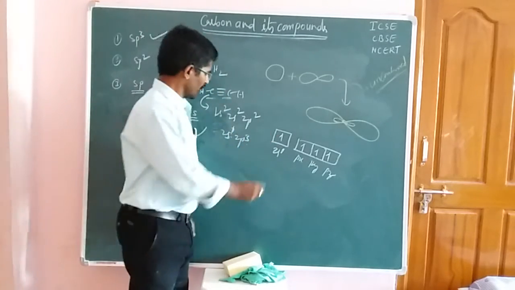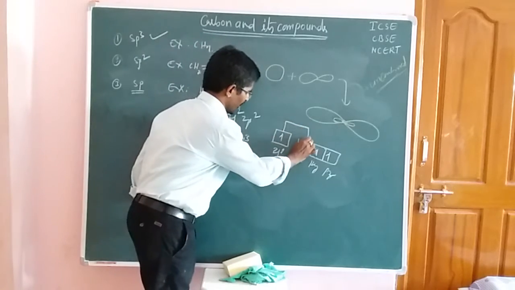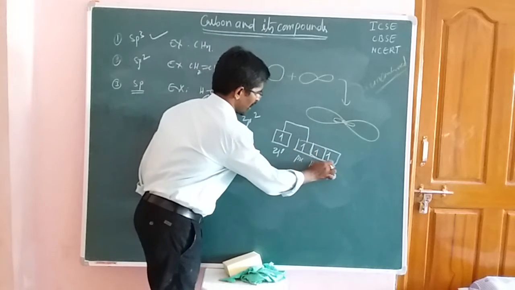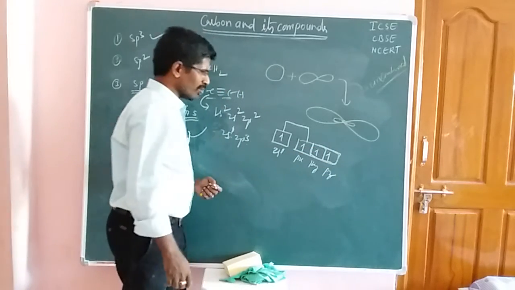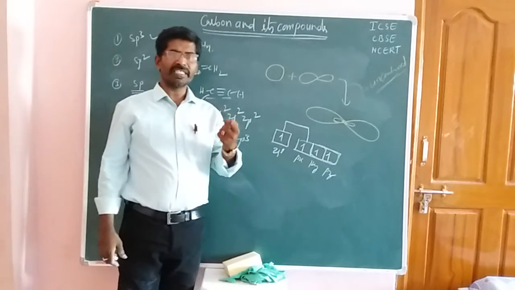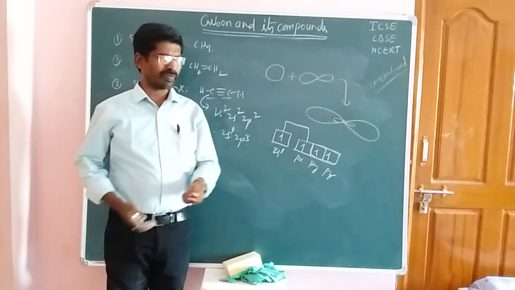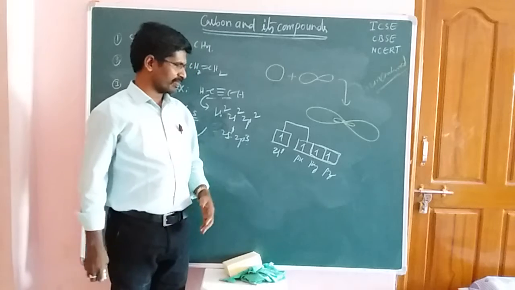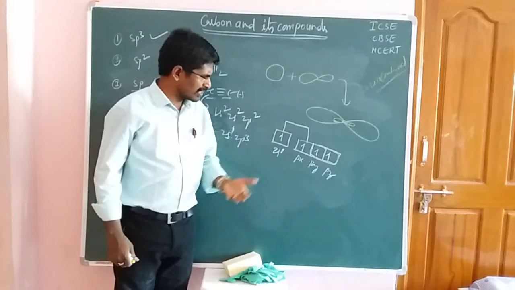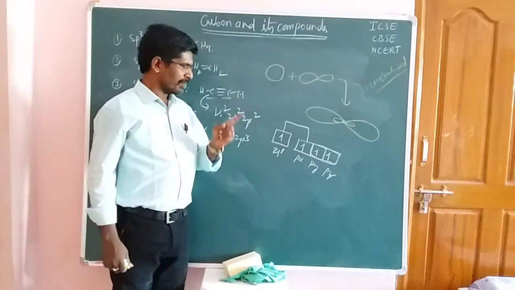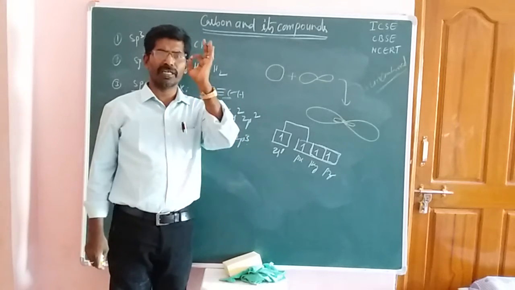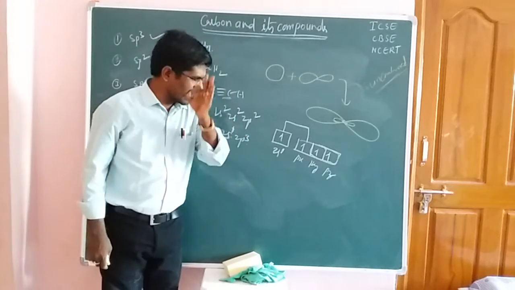Only the s and p orbitals undergo intermixing. In sp hybridization, which orbitals are known as non-bonding orbitals, the ones that do not involve in the hybridization? The py and pz orbitals are known as non-bonding or unhybridized orbitals.